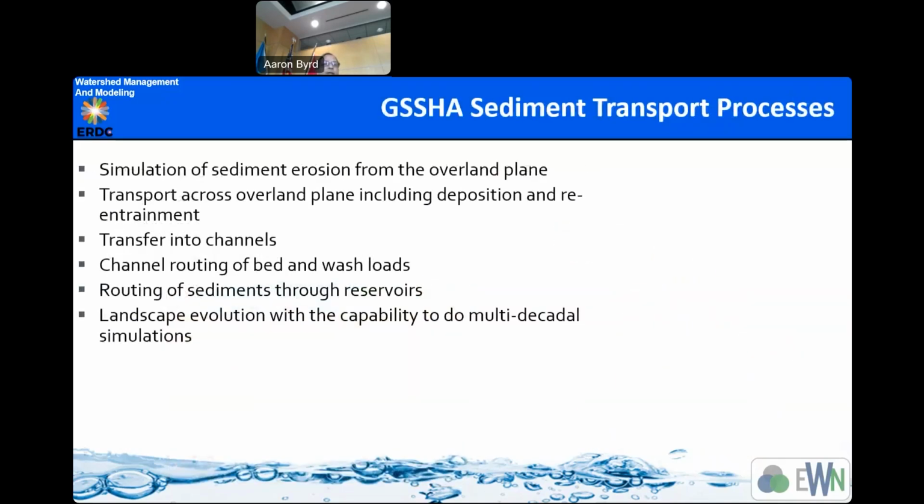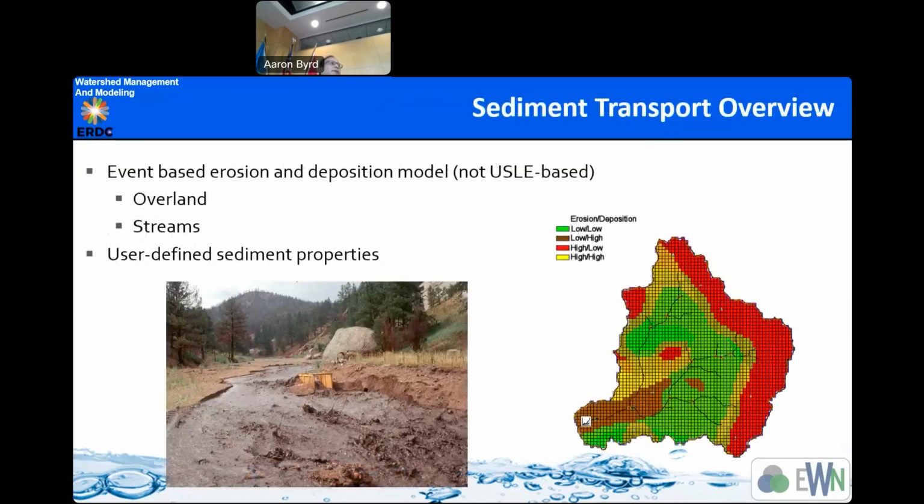But in GSSHA, it deals with event-based simulations. So it has the functionality to calculate the erosion in a small time step, like the time step we provide for the GSSHA overall model, right? So it gives the erosion and deposition, which is all distributed in nature.